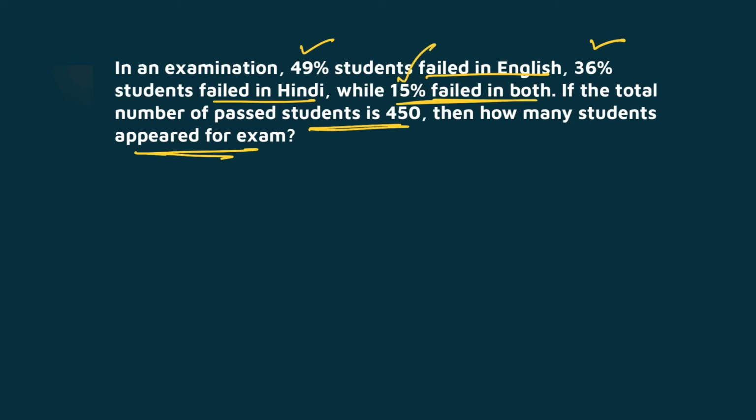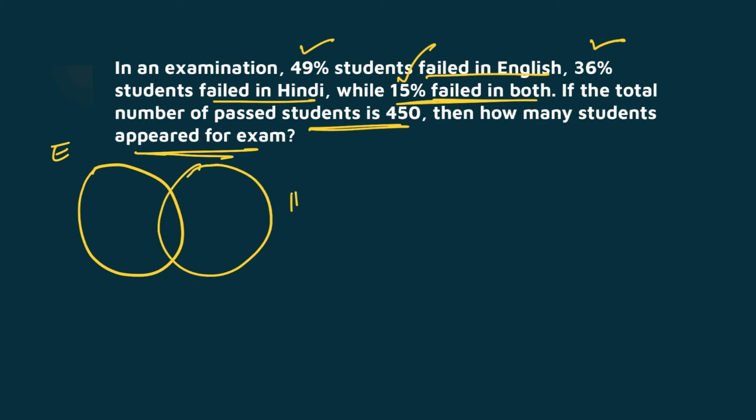This type of problem can be done through the Venn diagram method also. So I'll just draw a Venn diagram. These are the students who failed in English, and these are the students who failed in Hindi, and in between are the students who failed in both subjects. 49% failed in English, 36% failed in Hindi and 15% failed in both.